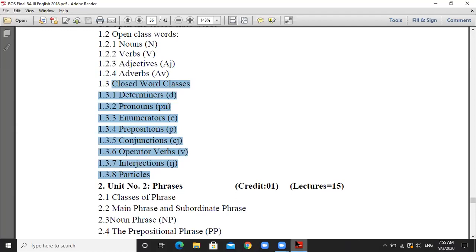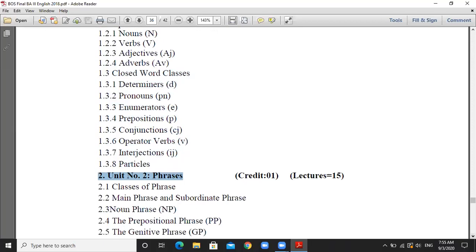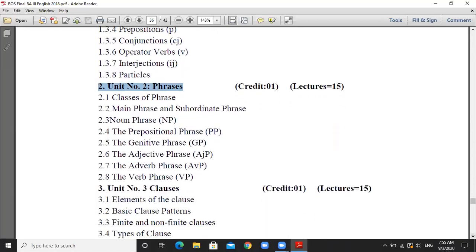Right. The second unit is called phrases. So what are we going to study in this unit, phrases? We are going to study types of phrases, classes of phrases. Some of you might have studied the classes of phrases previously in the IDS linguistics subject, right? So we are going to study what is main phrase and what is subordinate phrase.